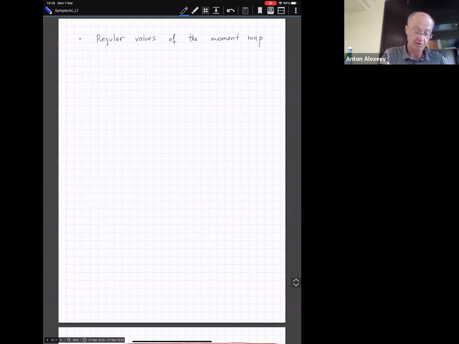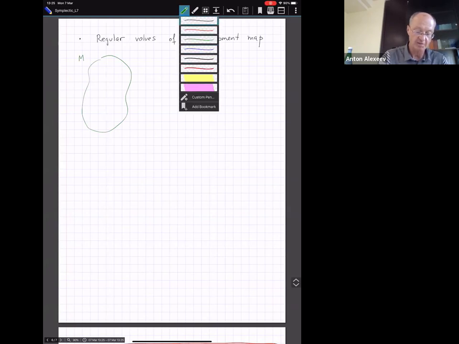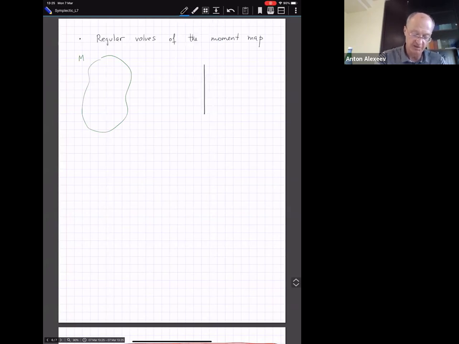So if we have a Hamiltonian G space, let's say this is our manifold, and there is a map into a vector space, G star, and between these two spaces we have a moment map.